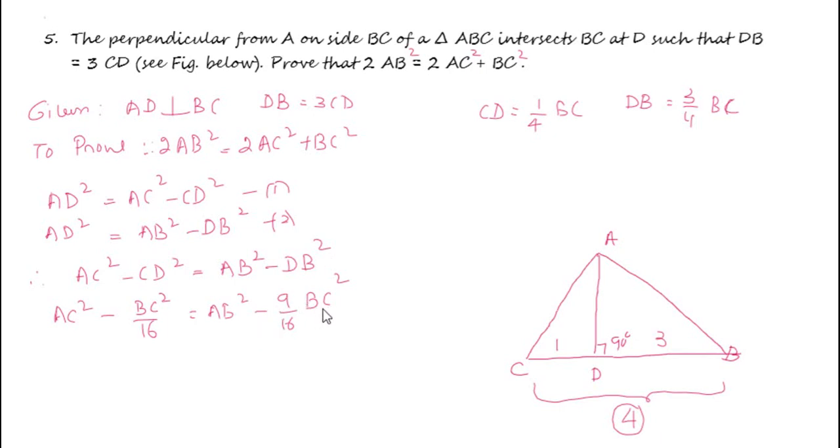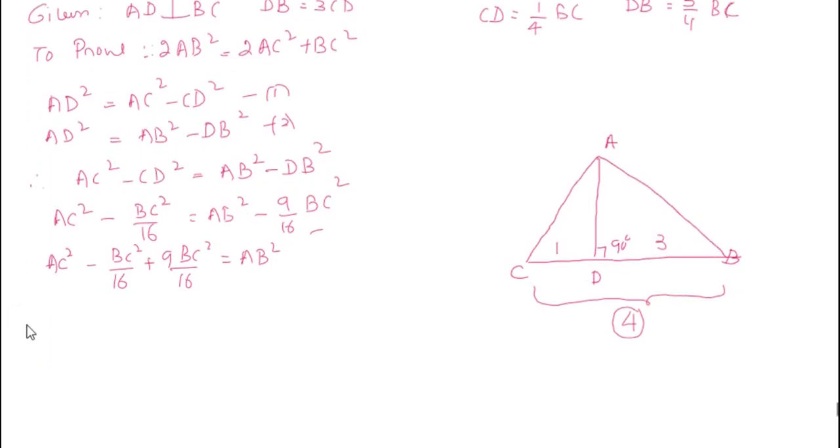We will take BC square, this one, to the left side. So AC square minus BC square divided by 16 plus 9 BC square divided by 16 equal to AB square. This becomes AC square minus 1 BC plus 9 BC.